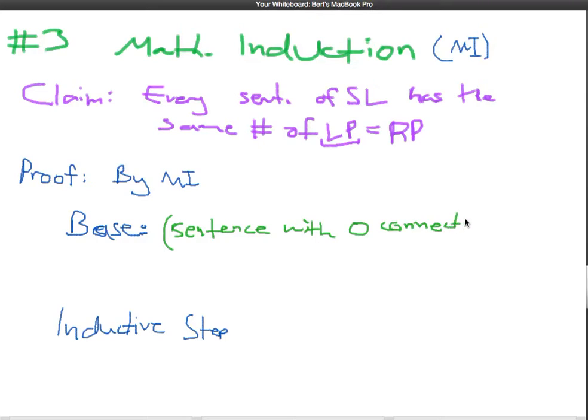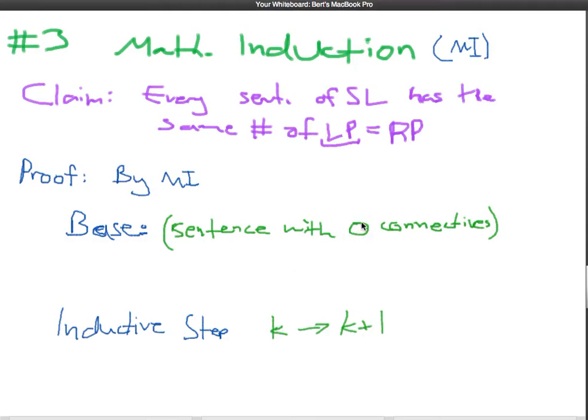So you can see that the way this induction is going to work is we're going to show that it holds for 0, and then we're going to show in the inductive step that if it holds for k, then it will also hold for k plus 1, where k here is the number of connectives that we're considering. And in fact, we'll actually do it for all the sentences up to k.